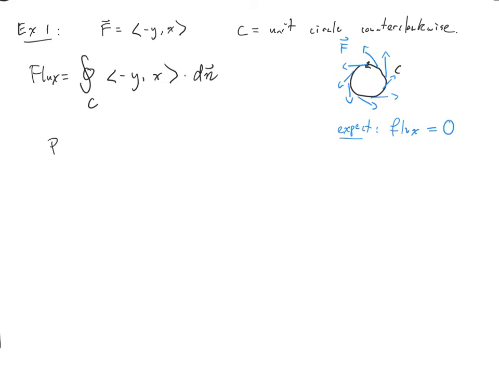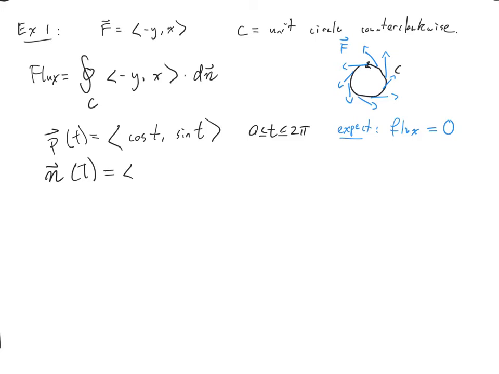So what we should do first is compute my parameterization of t, or of the unit circle. So I'll use our favorite one, cosine t, sine t, for t between 0 and 2 pi. That means that my normal vector, or n, whose derivative will be the normal vector, is going to be sine t, minus cosine t. And then I can now compute my flux integral by passing to parameters.